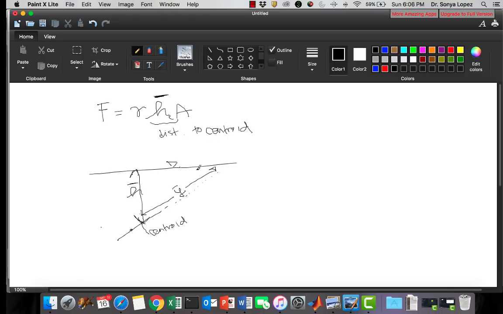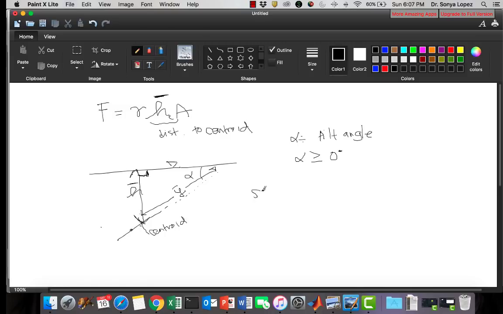But can you also see that if you know this angle here, your tilt angle, which can be greater than or equal to 0 degrees, then how else can we represent this equation? Well, this is going to be the hypotenuse, this is our right angle here, and here is my opposite.